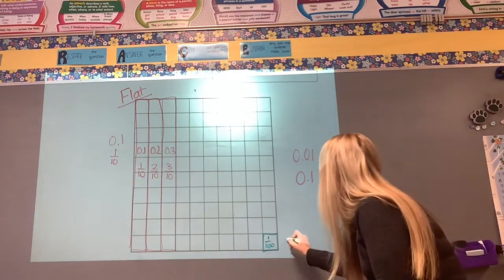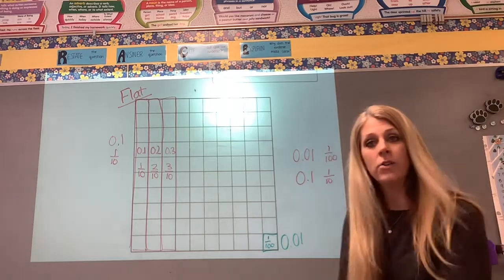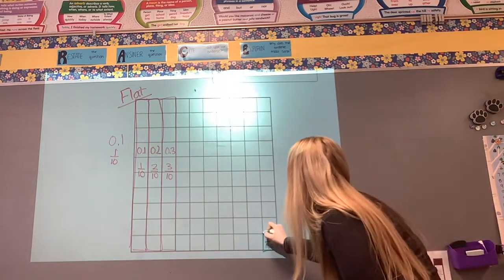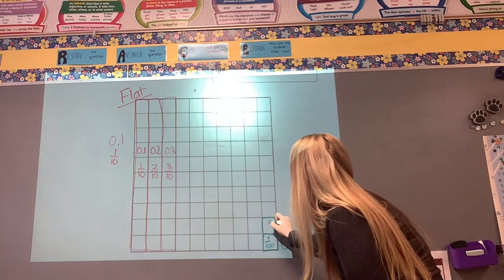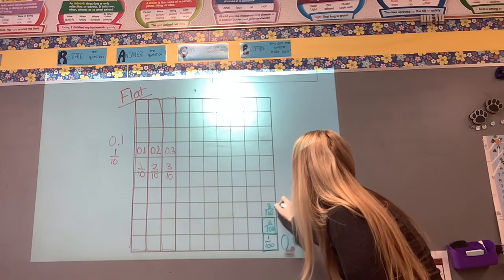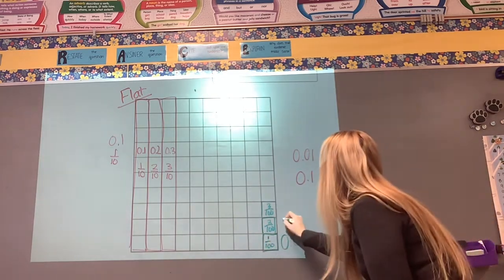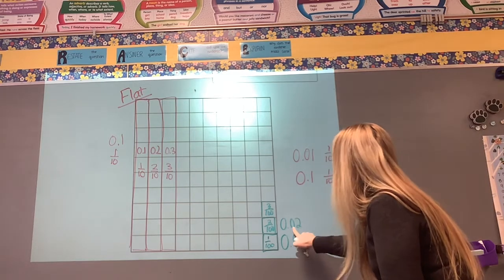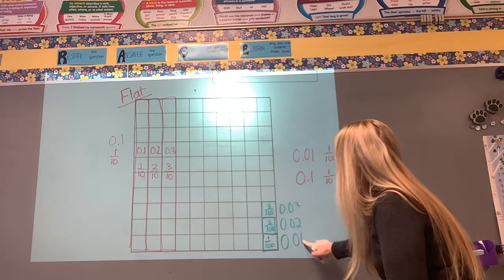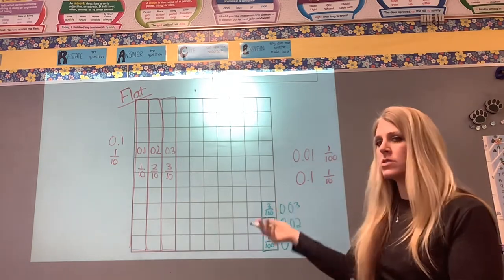I could also write that as my decimal, 0.01. Okay, so then if I were to count a second one, this would be 2/100ths, this would be 3/100ths, and so on across my board. I could write those still as decimals, 2 place values over. I could count them 1/100ths, 2/100ths, 3/100ths, and so on.